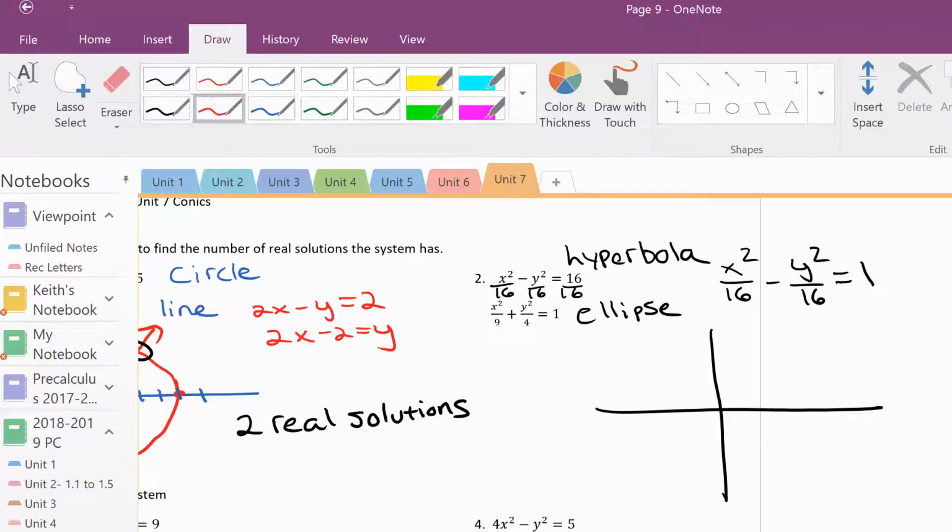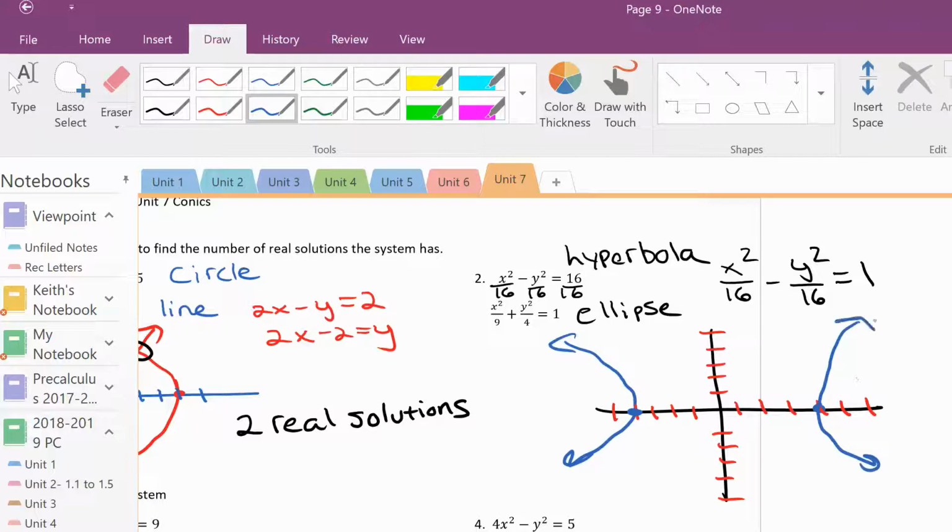So since x squared is first, you know it is a horizontal hyperbola. So you go to the left 4, to the right 4, and you have the hyperbola. It looks something like that. Remember, we're drawing rough sketches. We're not putting the focus and all that stuff in.